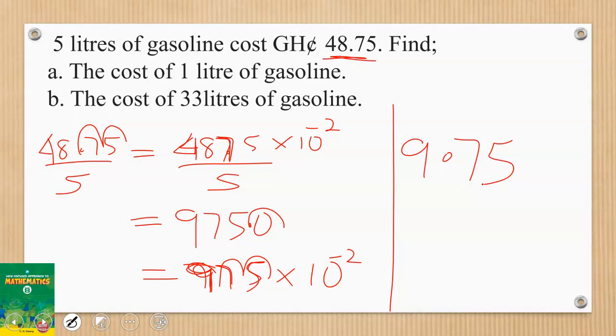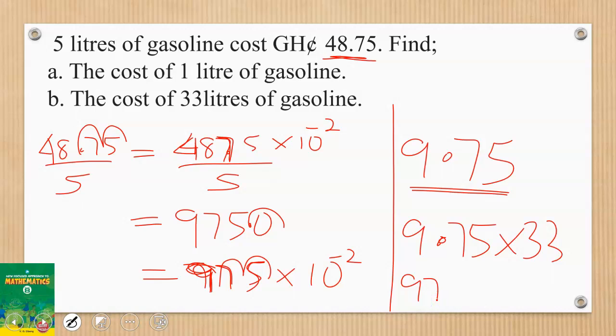Then the question says the cost of 33 liters. So if 1 liter is now costing this, then I can just do this times 33 so that I will know the total cost. And again, you can do this by changing it to standard form, then multiplying by 33. That is doing 975 times 10 to the power negative 2 times 33.